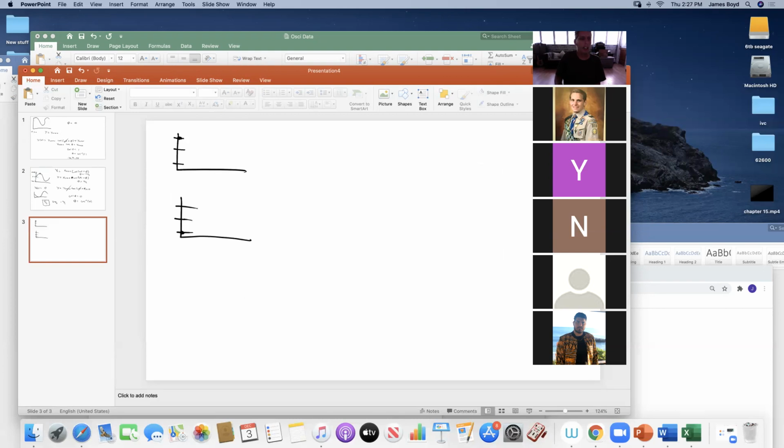It starts at negative max, at positive max, or at 0. So we could have a function that looks like this, or like this, or we could have a function that starts at 0.